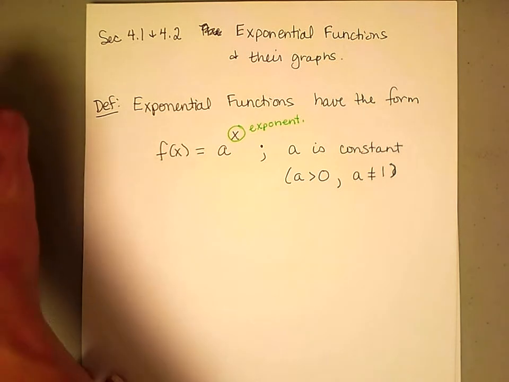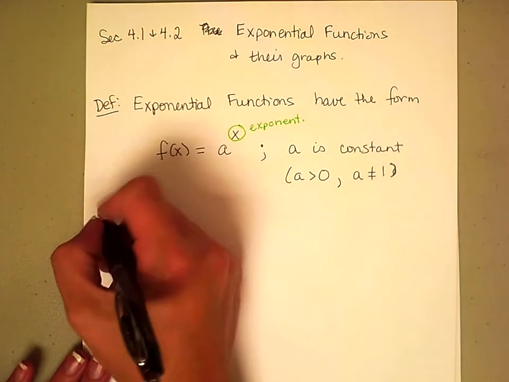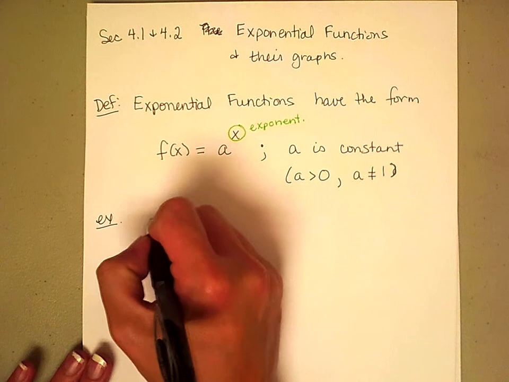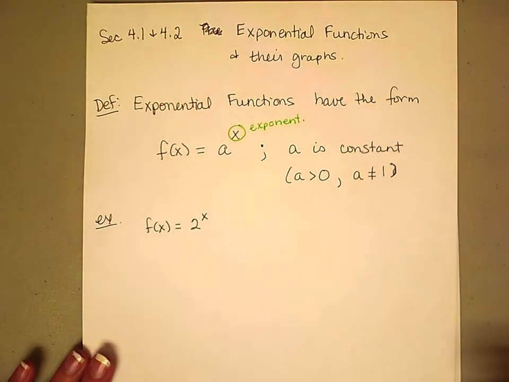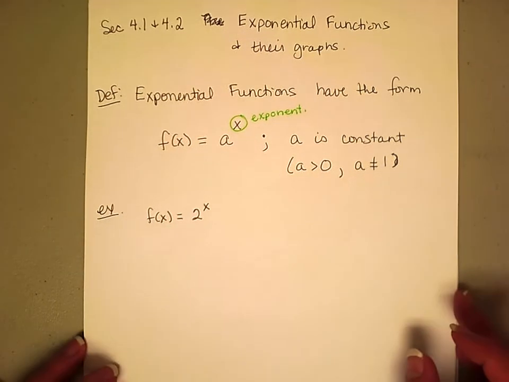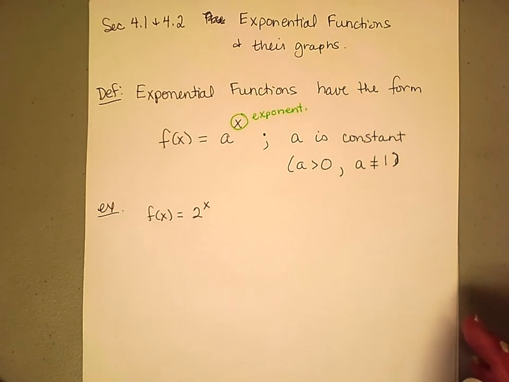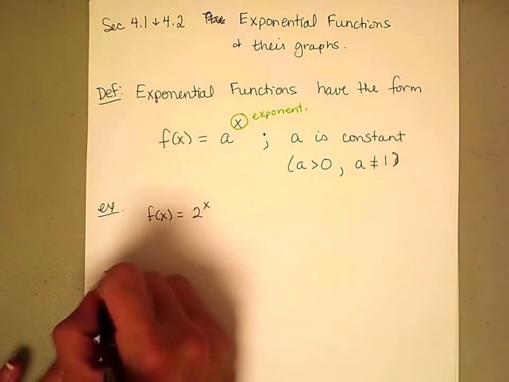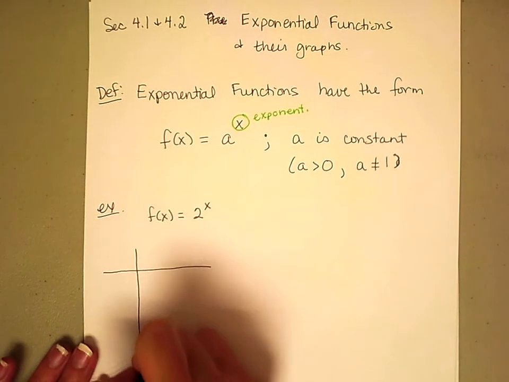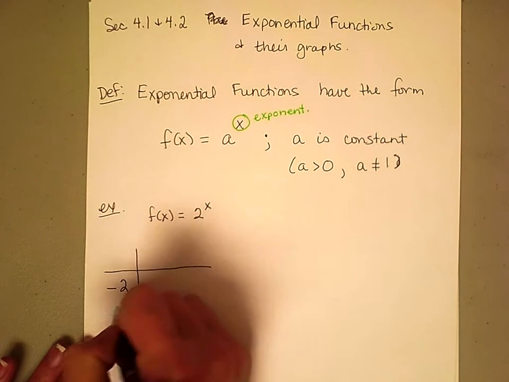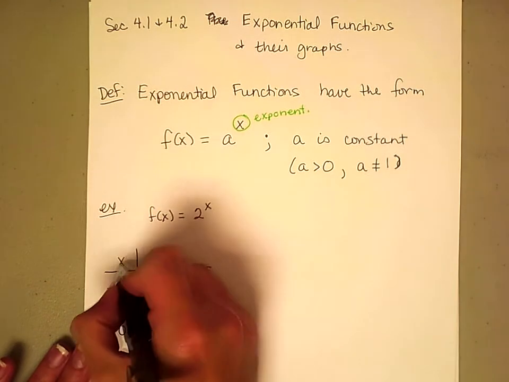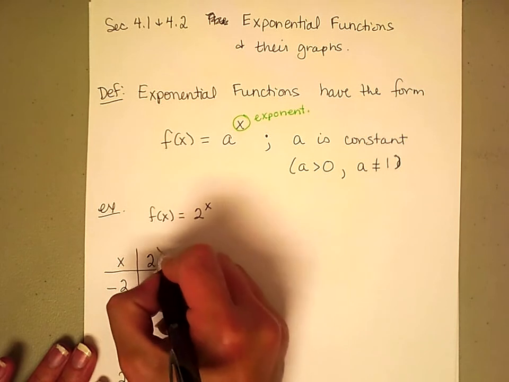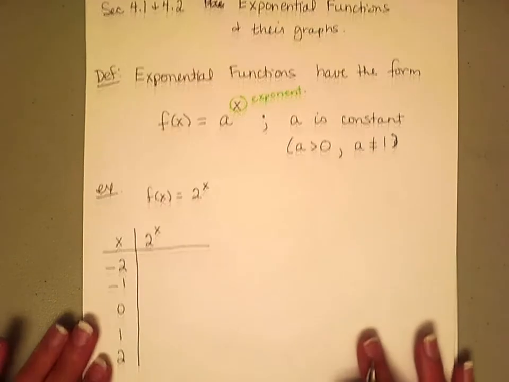So let's look at a basic one. Let's try and graph f of x is equal to 2 to the x. So let's look at a table of values: -2, -1, 0, 1, and 2, and see what happens to 2 to the x.